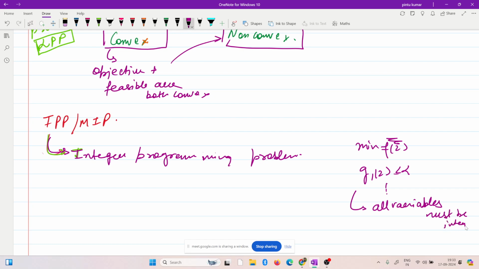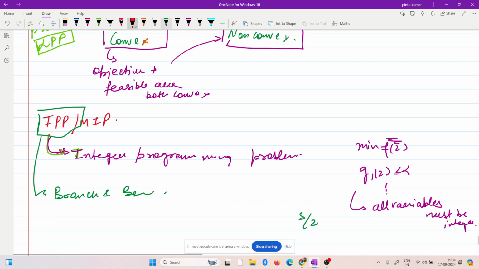Maybe you are working for some industry or factory where you want to find the optimal number of products they should make on machine 1 or machine 2, those kinds of problems that you did in school. There you can't have values like 5 by 2 number of product 1. You can have only integer values of product that can be made. So those kinds of problems come under integer programming problems. There are methods like, I'll just tell you the name, branch and bound, that are used to solve these kinds of problems.